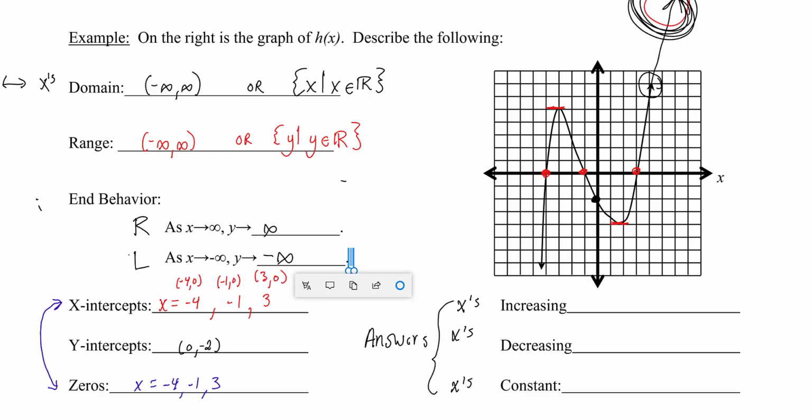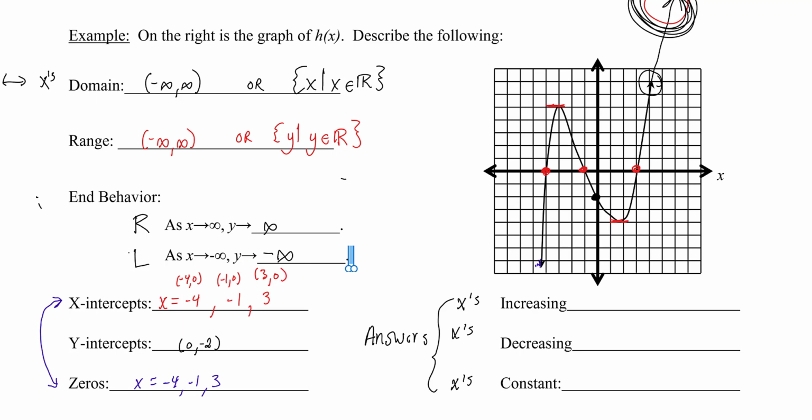So here's what I want to do. I want to go from left to right. That's how we read a graph, just like a book. So here's the leftmost point, basically, that I can see, and I'm going to go left to right. Well, what is happening as we trace this line from left to right? We're going up, right? So this section is increasing.